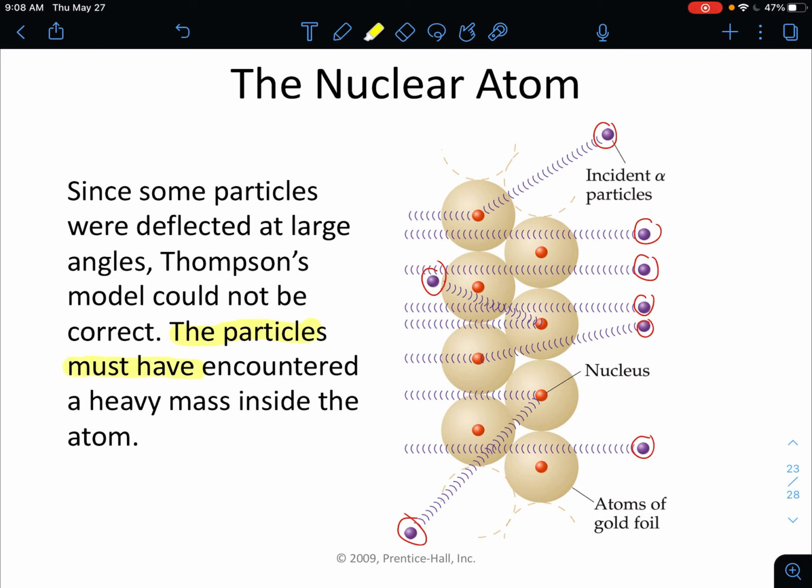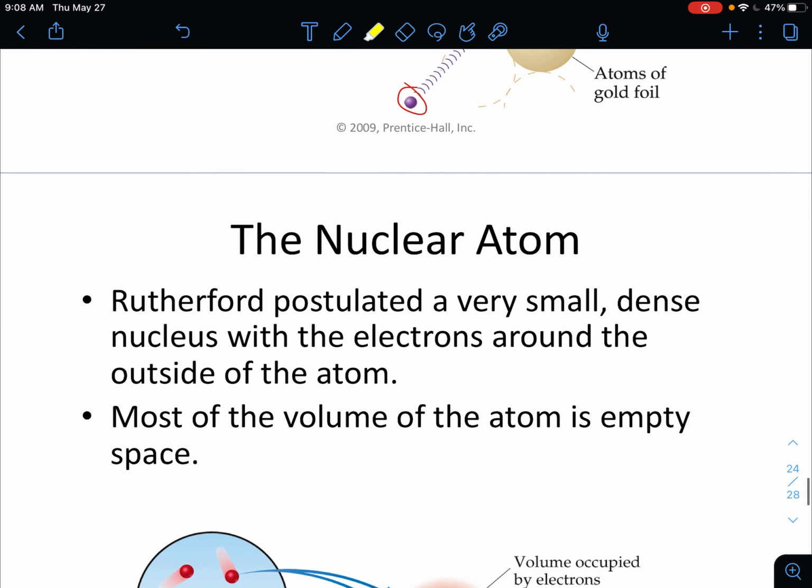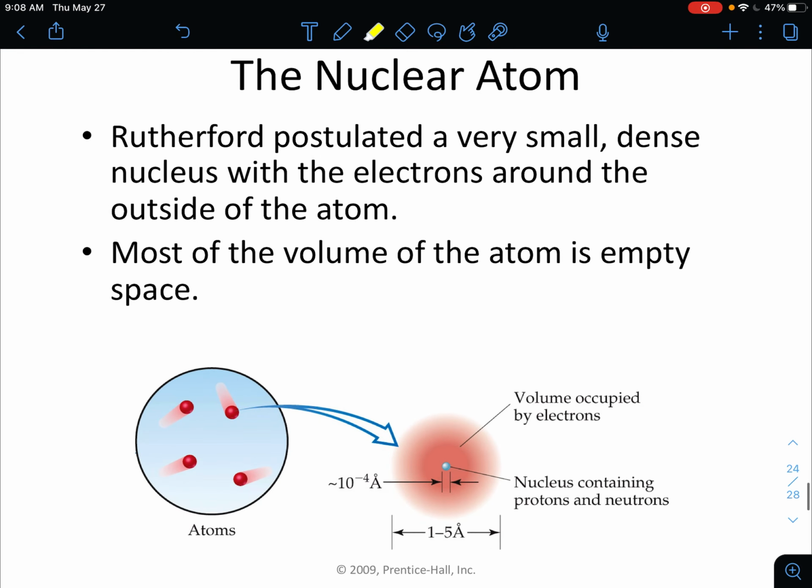So with that idea in mind, the fact that the majority of the particles went through tells us only a small volume is occupied by this nucleus, since so few of the particles were actually deflected. It turns out that when we actually look at the atom, the understanding that we have now is pretty consistent with this.